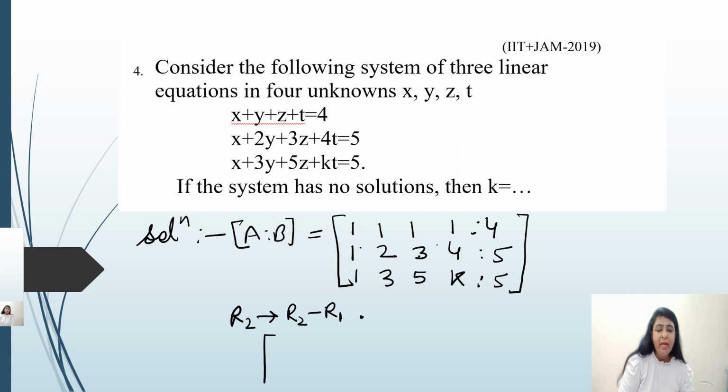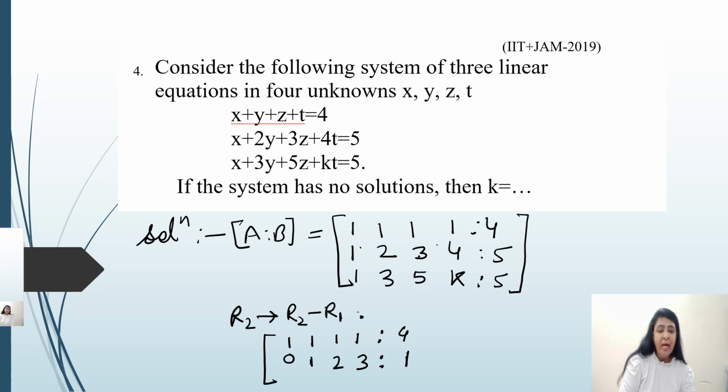So what will you get? 1 1 1 1 4, 1 minus 1 is 0, 2 minus 1 is 1, 3 minus 1 is 2, 4 minus 1 is 3, 5 minus 4 is 1.